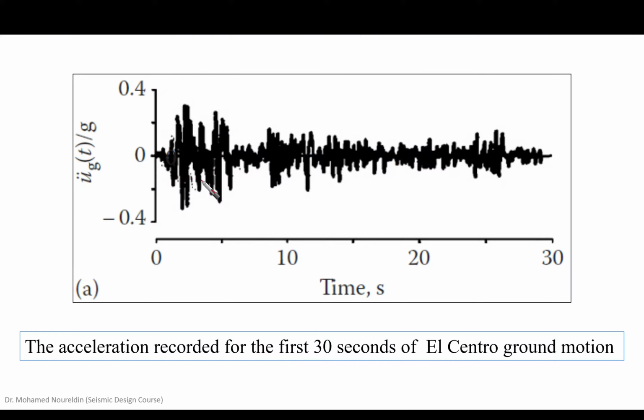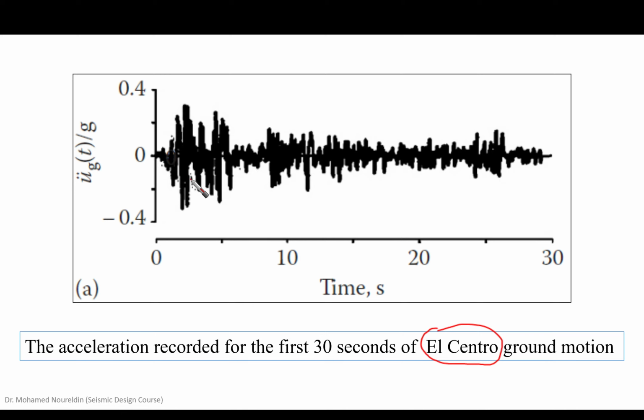So if we look at any time history of an earthquake, for example, if we choose the El Centro ground motion, we can plot the time history, as I have explained in the previous videos.